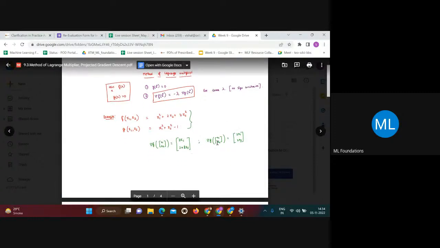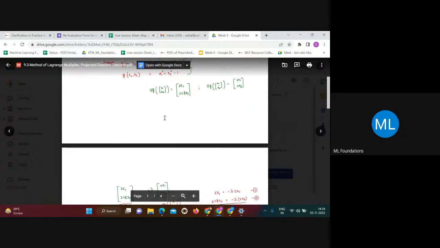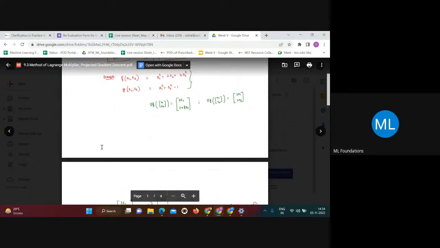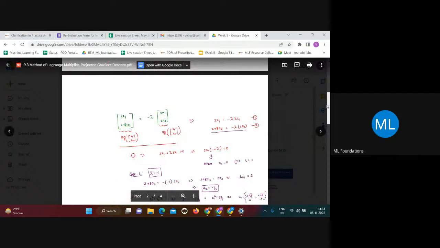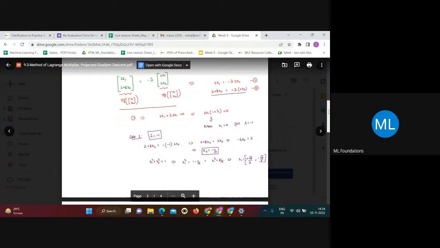So this is the basic example of how to solve this problem. You need to just take the gradient with respect to x1 and x2, and then equate it. You'll be getting some lambda value, and with that lambda value you can get the value of x1, x2, or x, y, whatever you are writing.